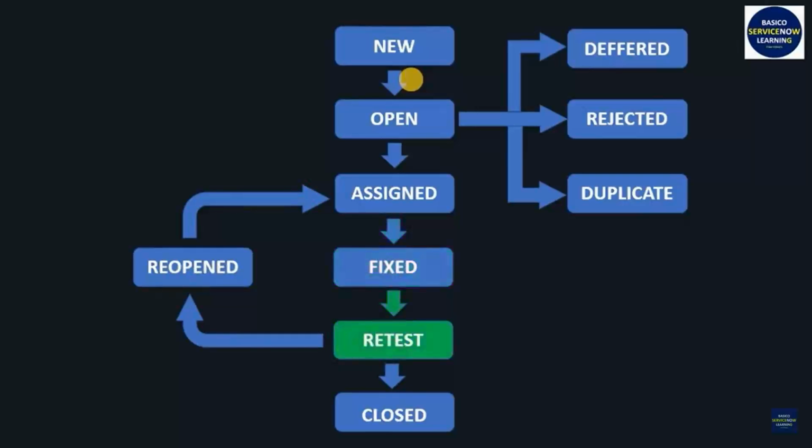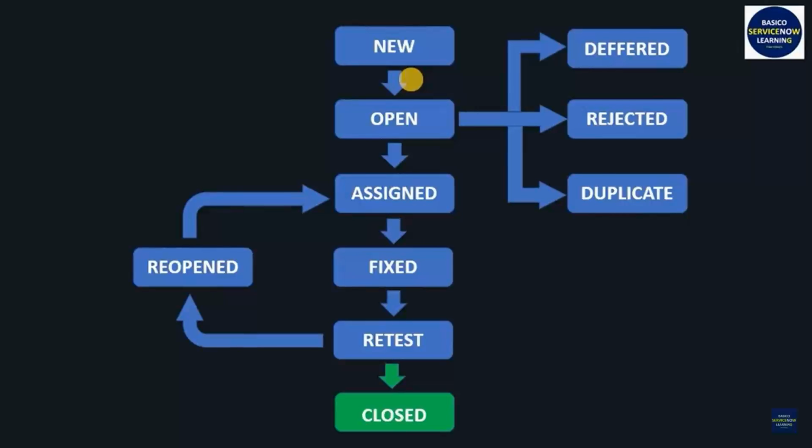The tester retests the functionality again. If he finds that the bug is not fixed, he will reopen the bug. But if he finds that the fix done by the developer is working fine and the functionality is working as expected, then he will close the bug. So this is basically a positive flow where a bug status transitions from new to closed.